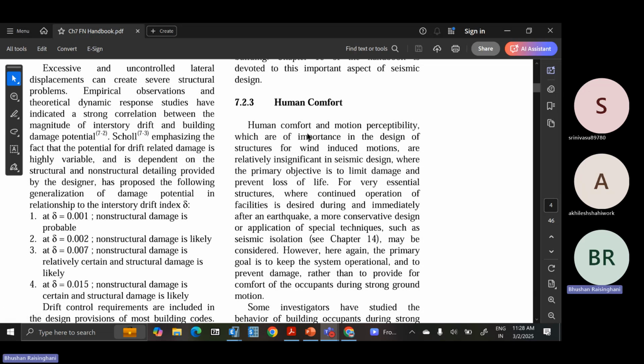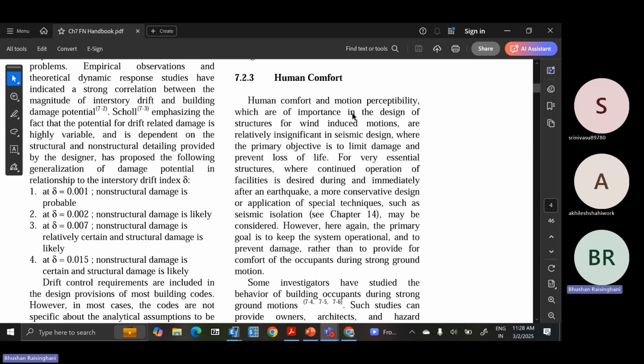Now, human comfort is about motion susceptibility, and wind-induced oscillations are mostly the reason for this, causing continuous discomfort to the occupants, because an earthquake may happen once or twice in a lifetime, or at some intervals, but wind is always there.